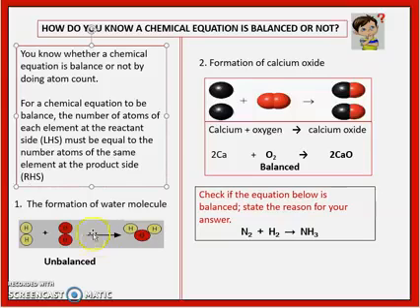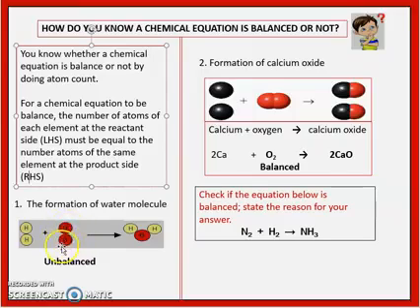Let's check. This is the left hand side. How many atoms of hydrogen do we have? In this hydrogen molecule we have 2 atoms of hydrogen. On the right hand side we have 2 atoms of hydrogen, so that one is okay. Then this is the oxygen molecule on the left hand side. How many atoms are in this oxygen molecule?